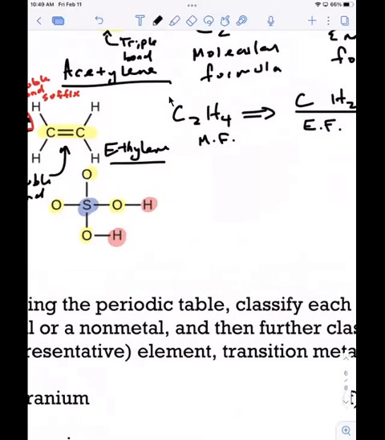So how many hydrogens do we have? 2. So it's going to be H2. How many sulfurs? 1. So H2S. And then how many oxygens? 4. Good. So H2SO4.